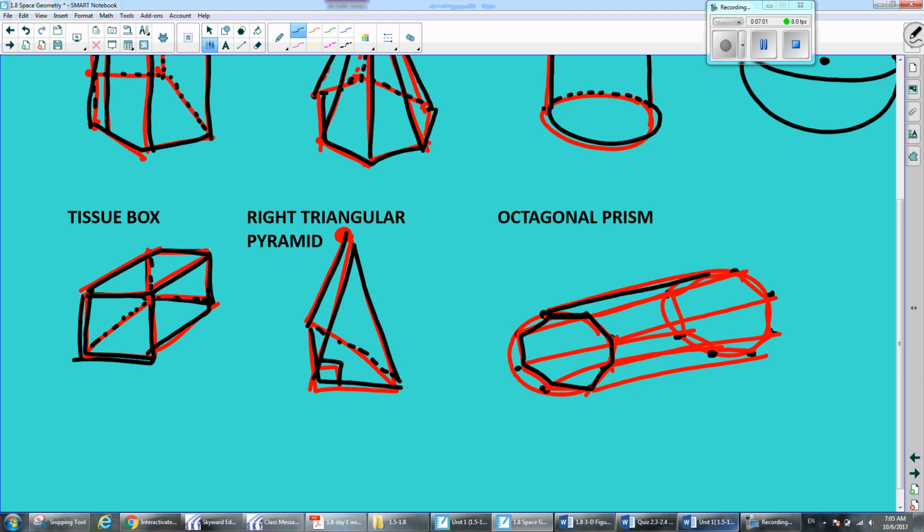I can see that one. I can see that one. I can't see there. There.